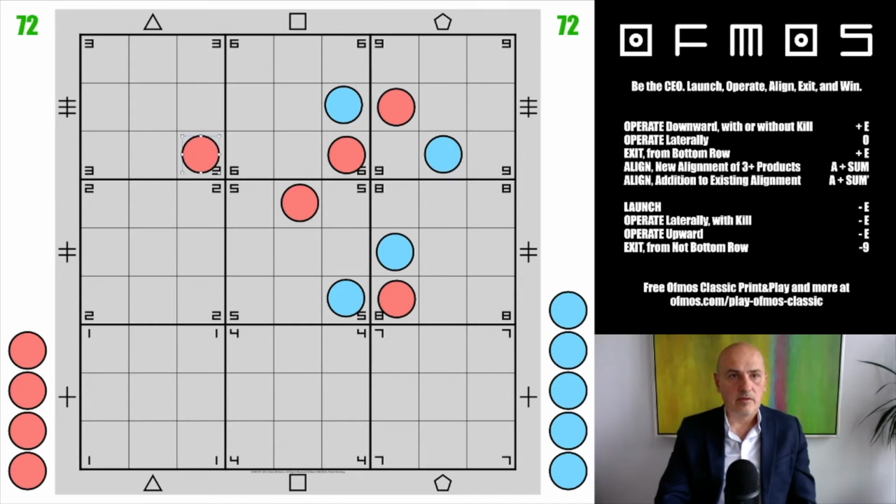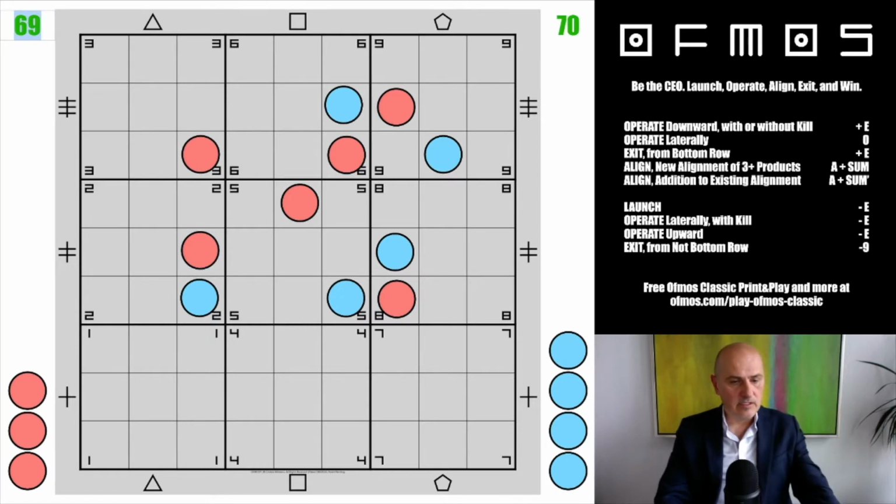Red pays 3, and this brings the budget or the funds to 69, the cash in bank. Blue pays 2, the cash goes down to 70. Red launches in the 2-notch triangle environment. That requires a payment of 2. The cash goes down to 67.